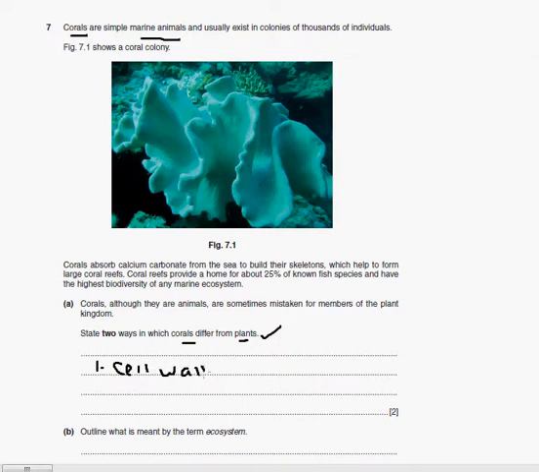And there is also another difference, which is what? If I think about it, the difference between plants and animals is the nutrition mode. The nutrition one is autotrophic. Plants are autotrophic, and animals are heterotrophic.